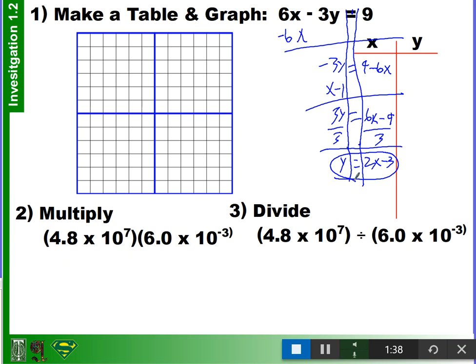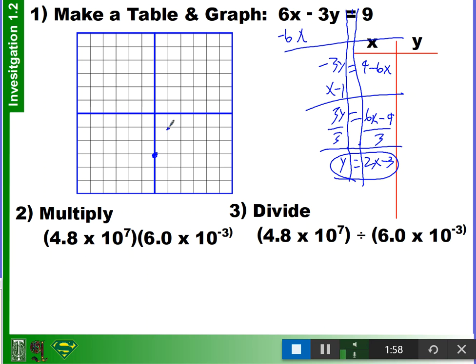And so your negative 3 is going to be your y-intercept. If it's y equals 2x, you're going up by 2 on the y every 1x, rise over run.